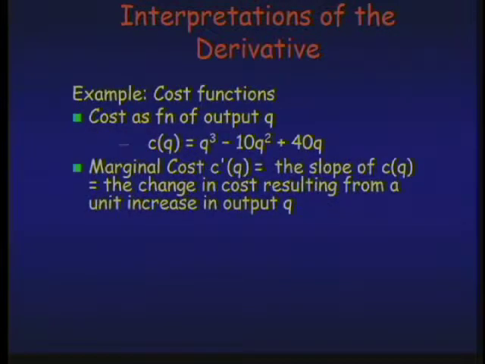Here's an example that you'll see in economics quite a lot: cost functions. Suppose that instead of f of x, I have a function c of q. Q is now the independent variable. It takes the place of x. And c is the function.